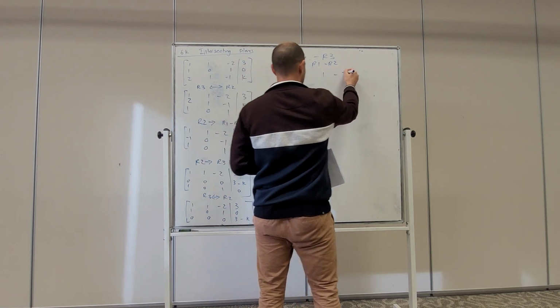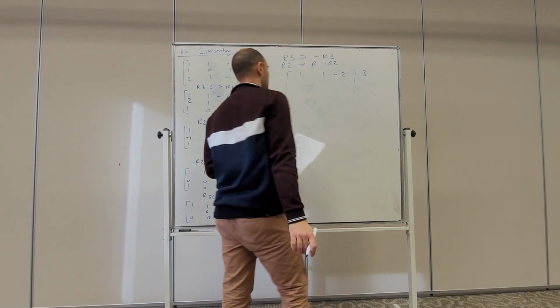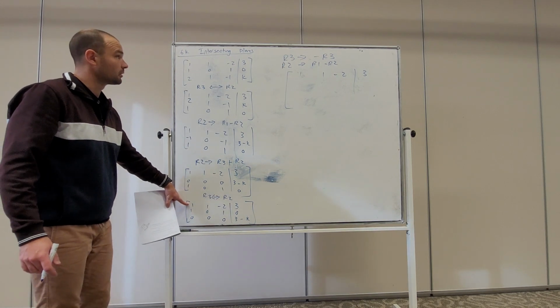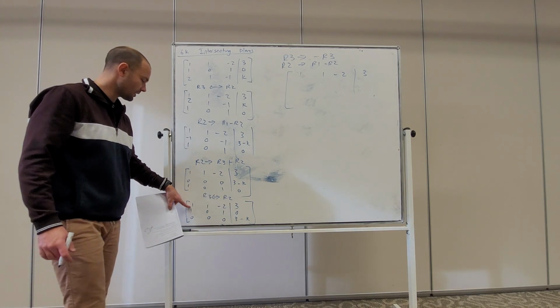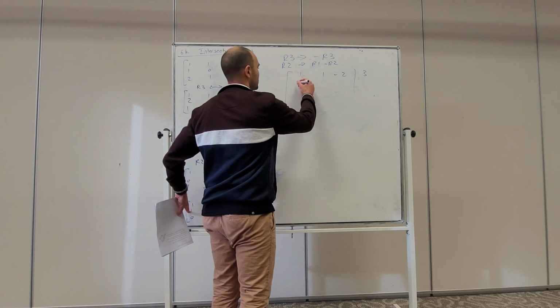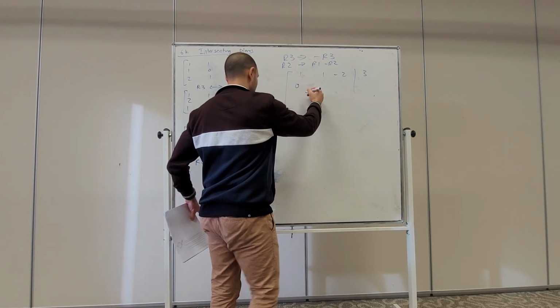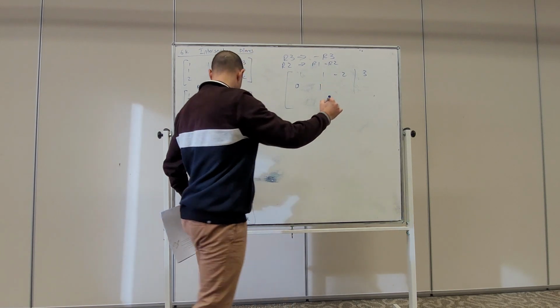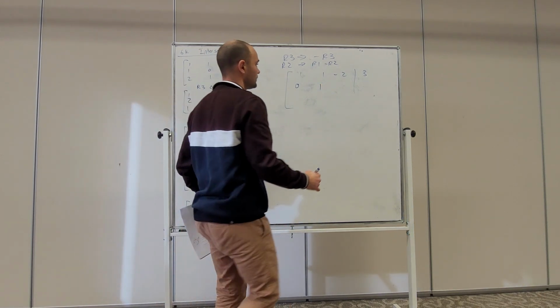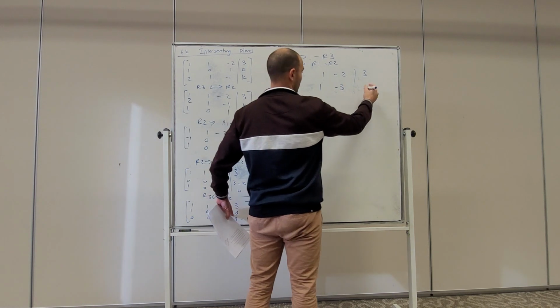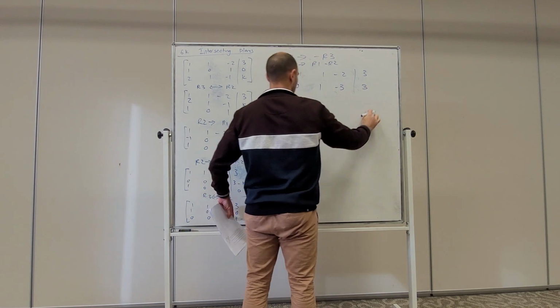1, 1, minus 2, 3. So the top row stays the same. Now, if I'm doing row 1 take row 2, I have 1 take 1, 0, 1 take 0, 1, and I have minus 2 take 1, minus 3, and then I have 3 take 0, 3.